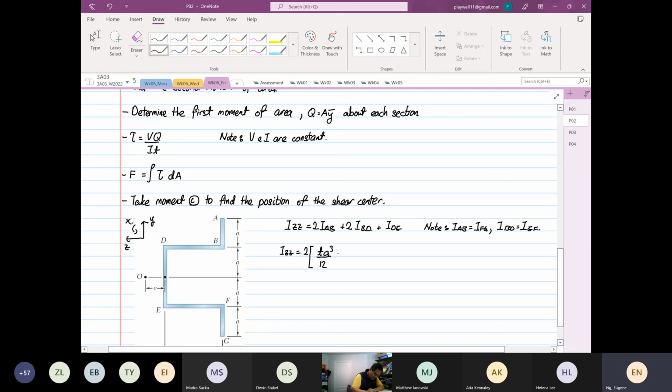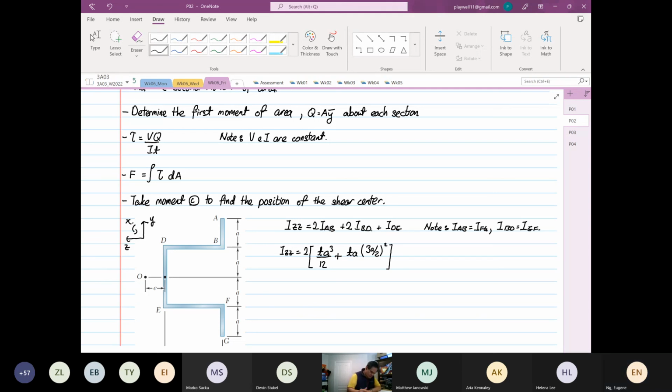And then we're going to plus the cross-sectional area, which is TA, and then the distance is 3A over 2, and this is squared. So you can see the width is T, the depth we take up to the distance A. We don't take A minus T divided by 2. We take up to the distance A.